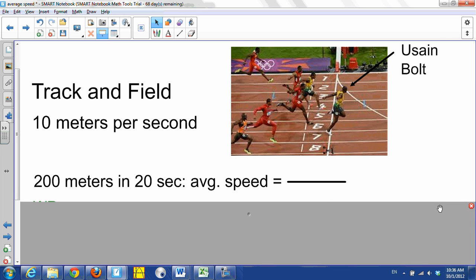Suppose a runner runs a 200-meter dash in 20 seconds. What was his average speed? Well, 200 meters divided by 20 seconds. 200 divided by 20, hopefully that's pretty obviously 10. Now, what do you think the units are going to be?